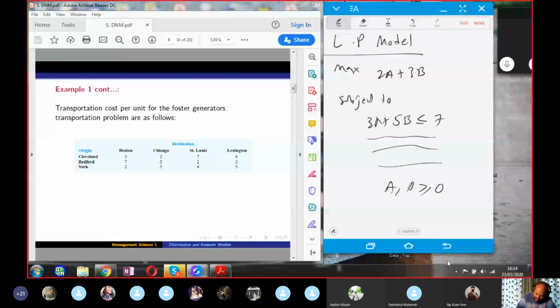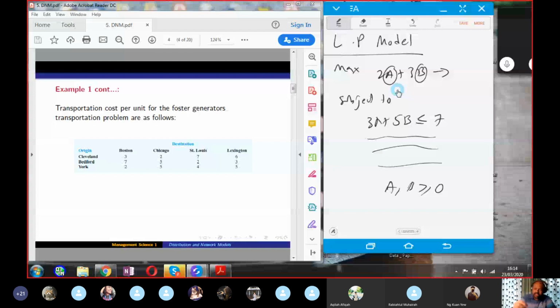This would be your objective function, and these are the constraints. This is what we have done in maths for linear programming. The same thing we're going to do here. In maths we find the quantity of A and B so that you get a maximum profit or minimum cost. The same thing we are going to do here.